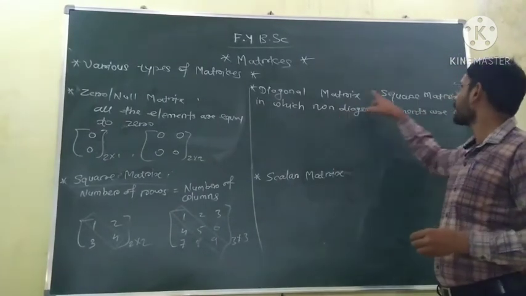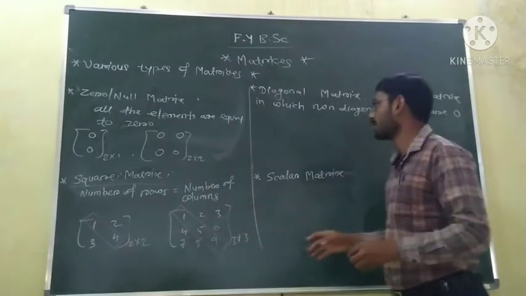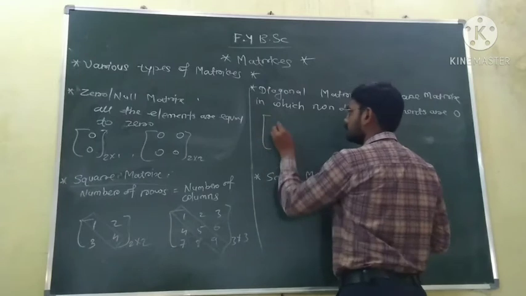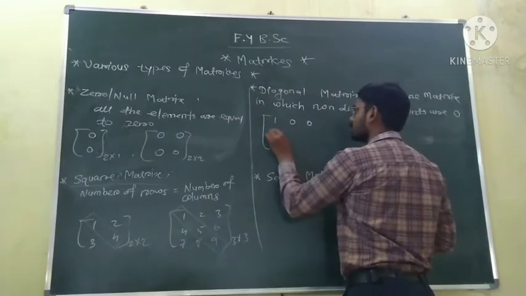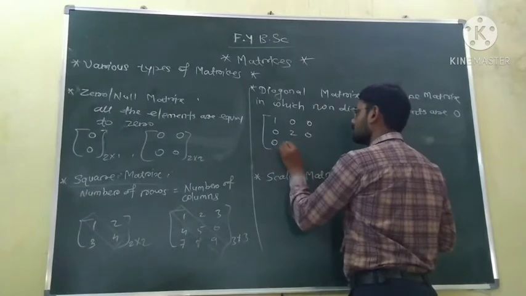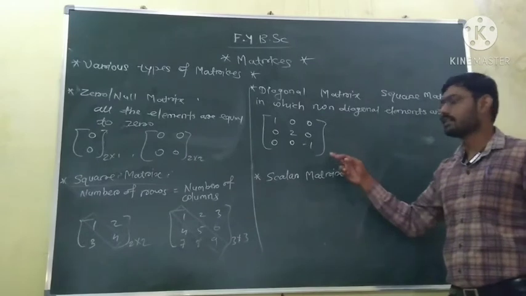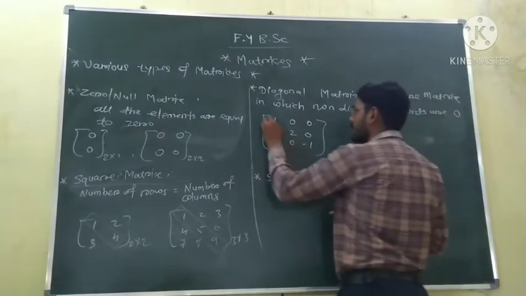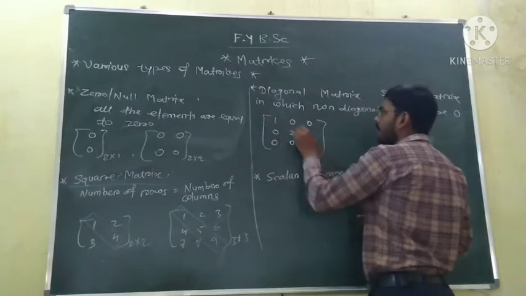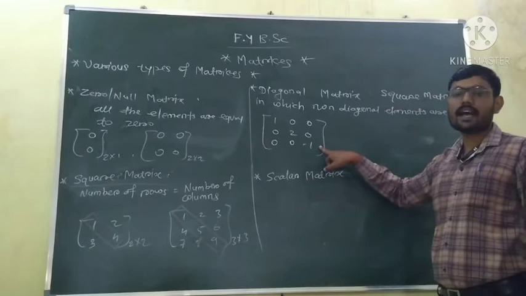A diagonal matrix must first be a square matrix because diagonal exists only in case of a square matrix. For example, see, this is a square matrix. It is a 3 square matrix, meaning a 3 by 3 matrix, and the diagonal elements are 1, 2, and minus 1, and all the other elements are 0. So this is called a diagonal matrix.